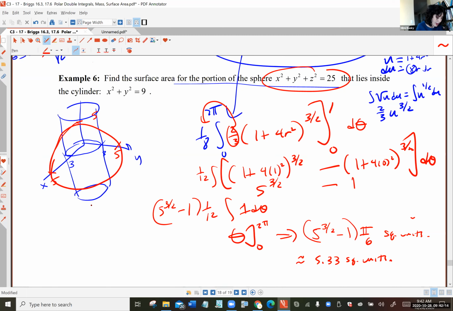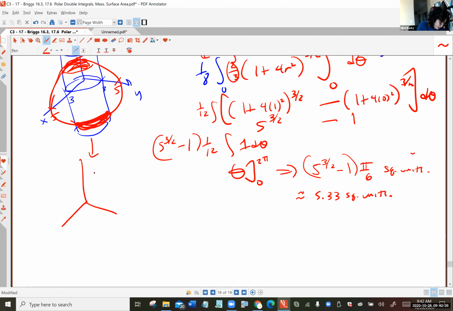Well, I claim if I intersect these, you'll have 2 caps. This cap up top and then the cap below. So you end up finding the surface area of the North Pole and the South Pole of Earth. That's basically what they're asking you to find. Isn't that weird?